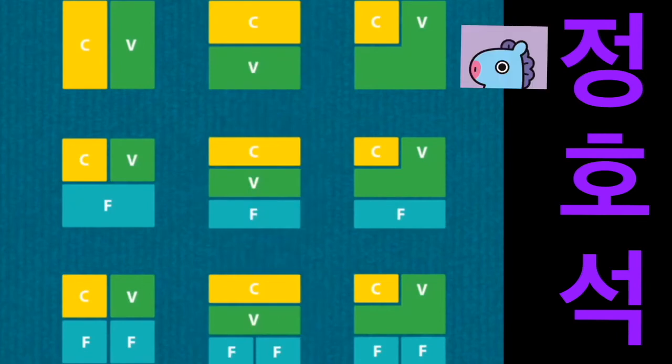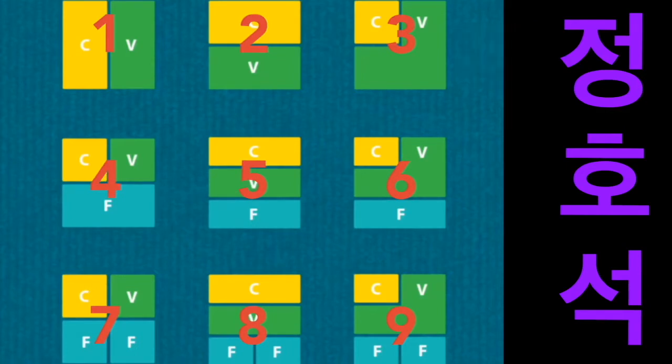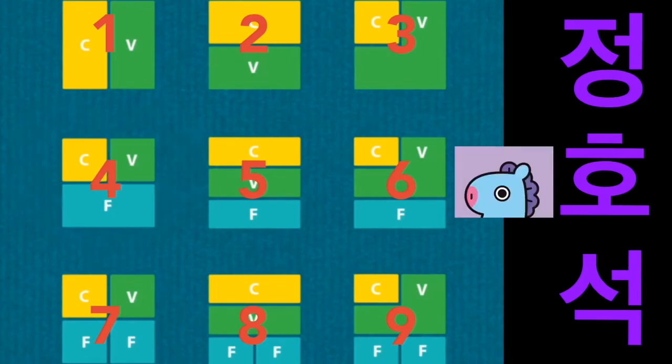As you can see, 정 has 3 letters. Which diagram has 3 letters arranged in the same pattern as Jung? It's number 4. 호 has 2 letters, one on top of the other.